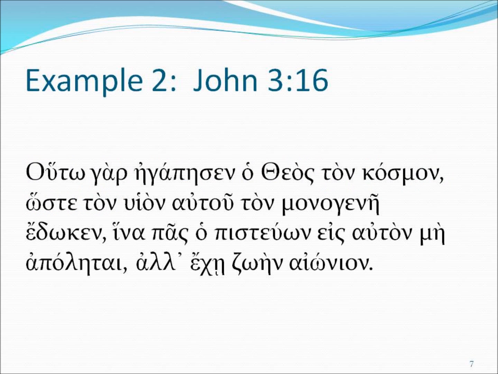Here's example number 2. Very popular verse, John 3:16.